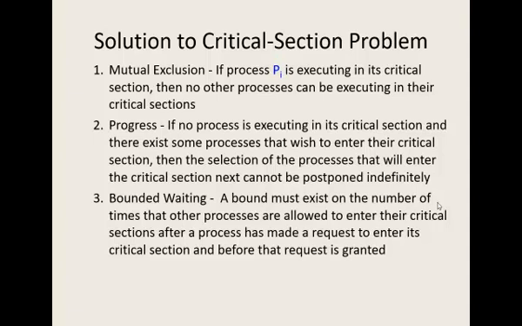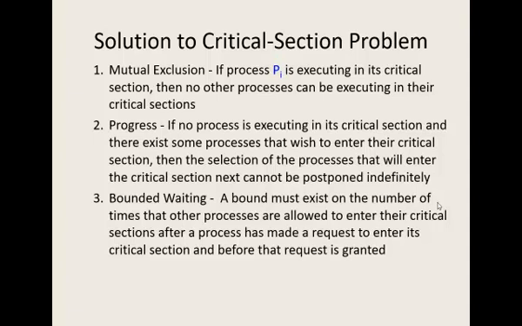That means when one process enters its critical region, no other process can be executed in their critical region. In other words, it is like isolation. So when one process starts executing the critical region, no other process can enter the critical region. That is called mutual exclusion, right?